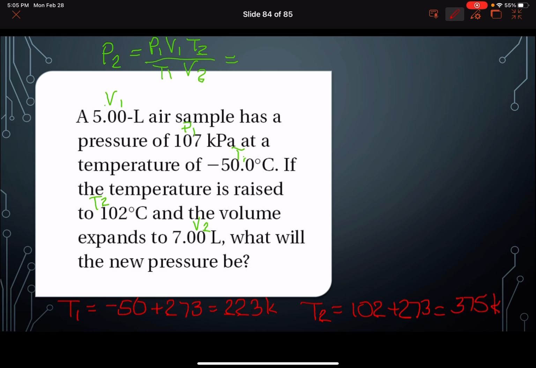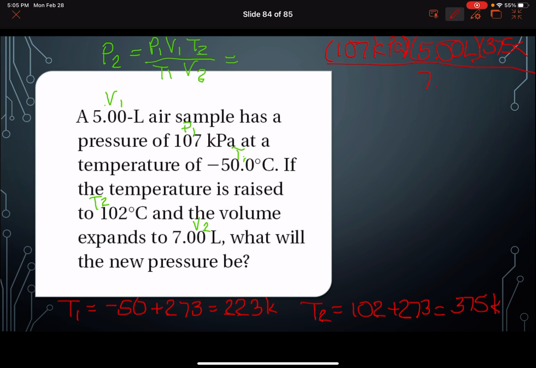Okay, so now we can substitute in. Pressure 1 is 107 kilopascals times 5 liters times 375 Kelvin, all divided by 7 liters.